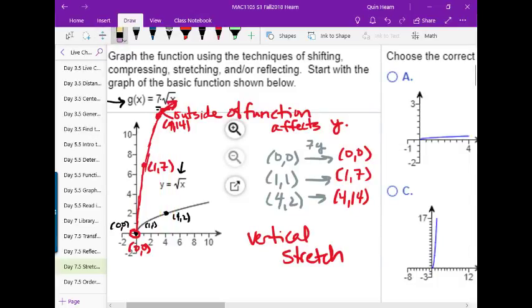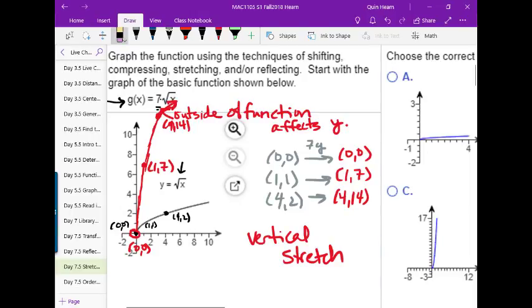There we go. Okay, so the reason why it grew so much is because we were multiplying y by a big number, 7. Now, if you multiply y by the number 1, nothing will happen, right? If you multiply by a number bigger than 1, like 7, it stretches like this. And what do you think would happen if you multiplied by a number less than 1, like a half?